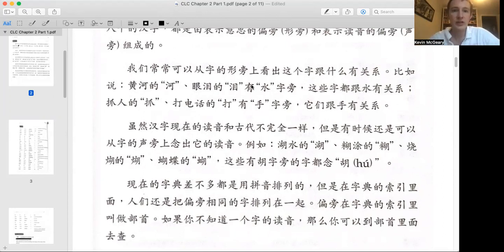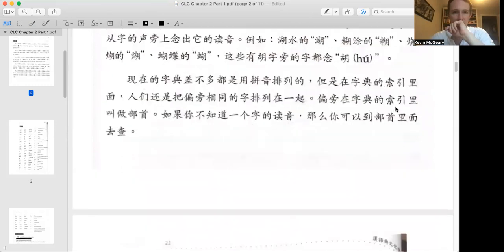So because these characters are related to water, you see this water radical on the left. 这些字都跟水有关系。抓人的抓，打电话的打，有手字旁。So, 抓 as in grab someone, and 打电话, so 打 as in hit, punch a phone number. Both have the 手字旁, the hand character in them. 他们跟手有关系. So they are related to hands.